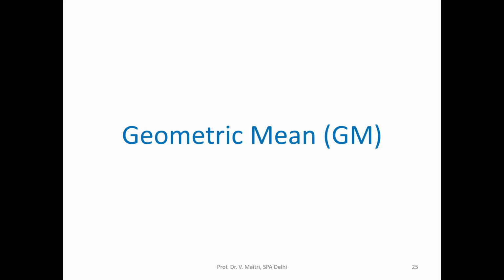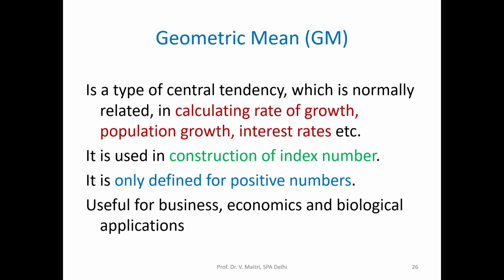Now we will focus on mathematical averages. In mathematical averages, we have already done the arithmetic mean. The next one in this category is the geometric mean. What is a geometric mean? It is a type of central tendency usually used for calculating rate of growth, population growth and interest rate.